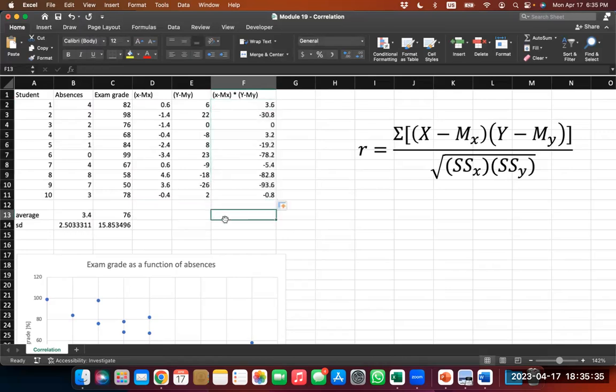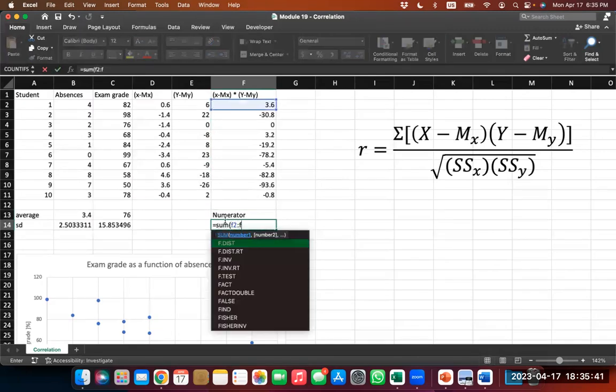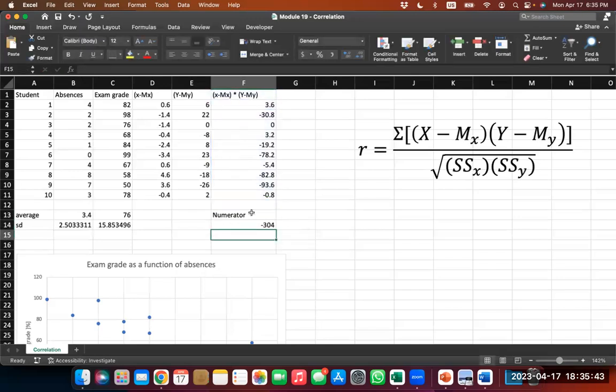Now we just need to sum this up, and that's our numerator, F2 to F11. So we are calculating the deviations for x and y, multiplying those to get the product, and summing this product up gets us to the numerator.